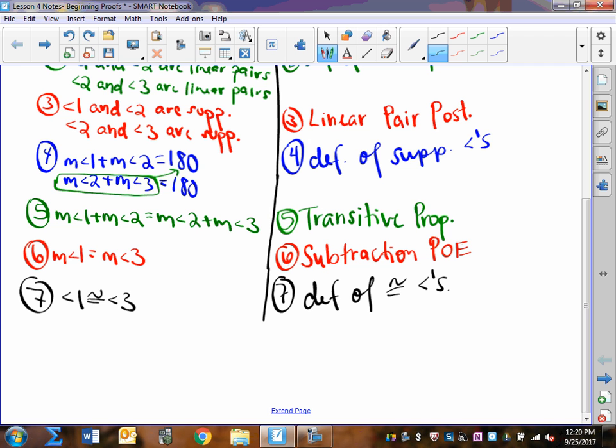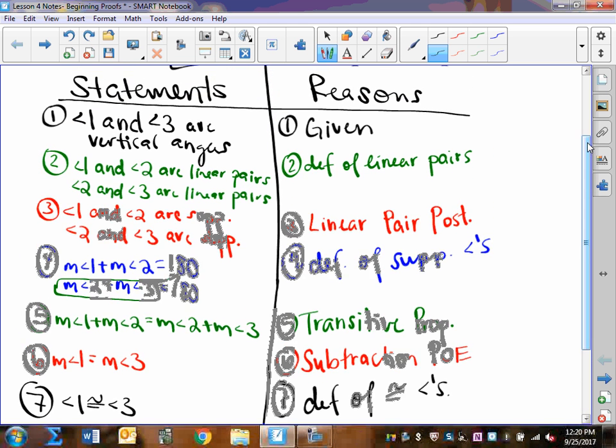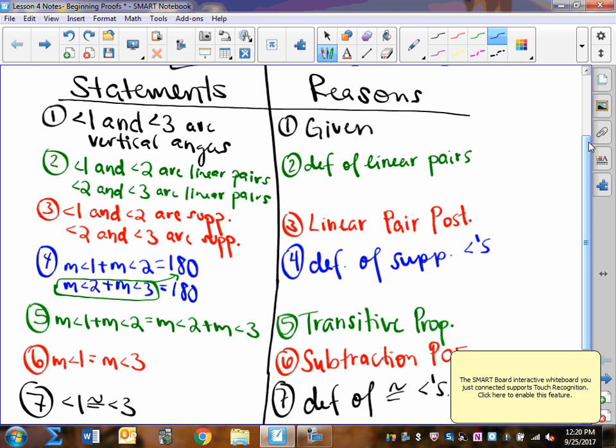And you must make sure that your proof statement matches the proof statement given to you. So notice that when we went through and did our proof here, we set these equal to each other, but say you had written this piece first: measure of angle 2 plus measure of angle 3 equals angle 1 plus angle 2.